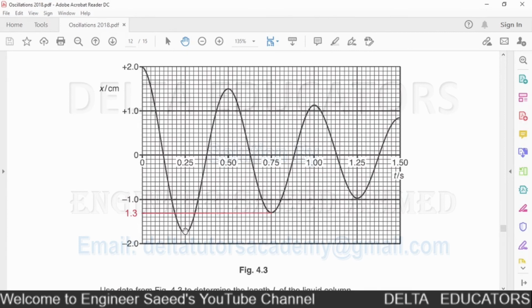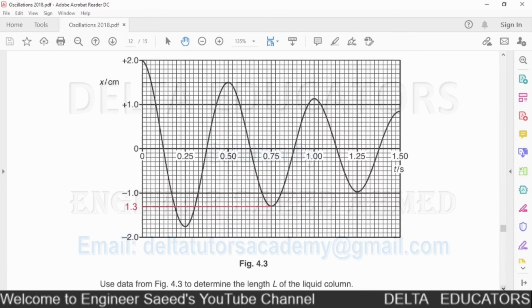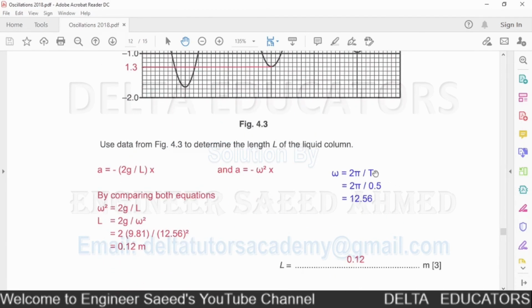Now here it is the end of the first wave. Up to the end of the first wave, the time is 0.5. So time period is 0.5 second. By solving this one, we will get 12.56. So the value of angular frequency is 12.56.